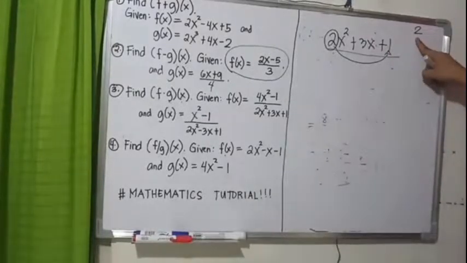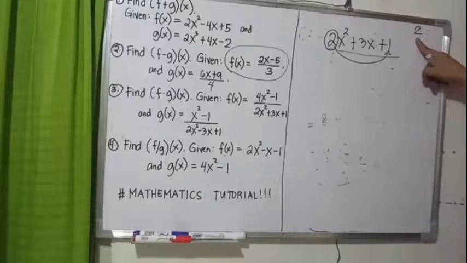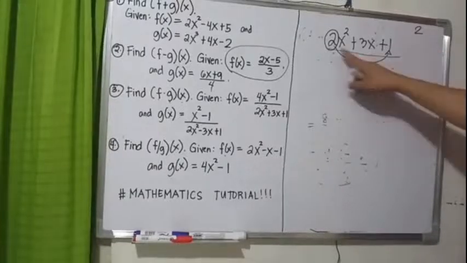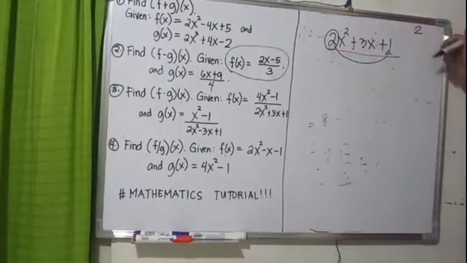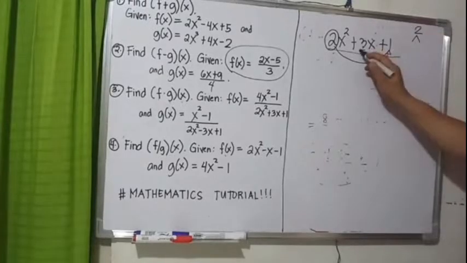Then, find the factor of 2, or what are the two numbers that if you multiply, the result is 2. And if you add the two numbers, the result is positive 3.